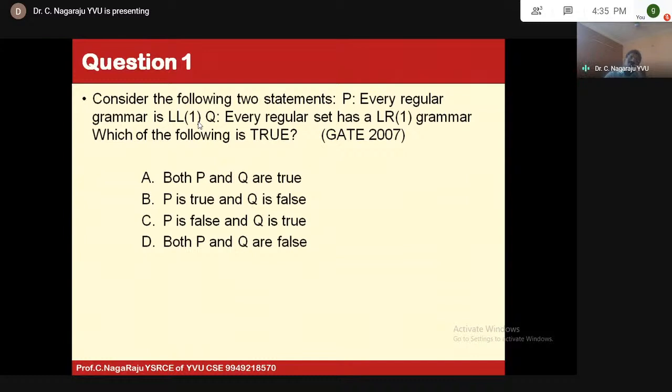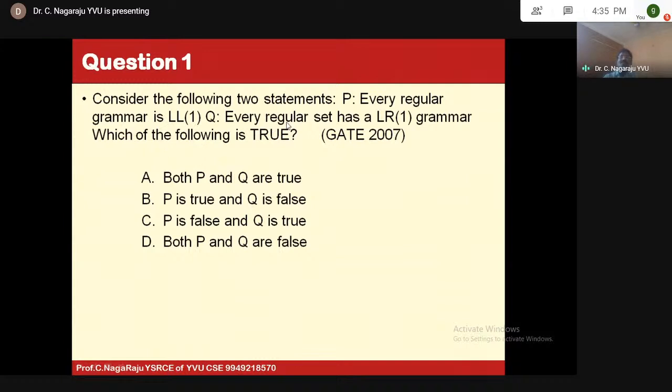What are the problems? One is ambiguity, the second is left recursion or left factoring. If any grammar has left recursion, left factoring or ambiguity, the top-down process fails. Because we are taking every regular grammar, definitely some such grammars will be taken.